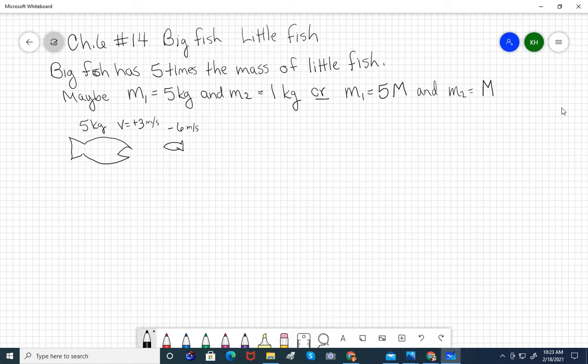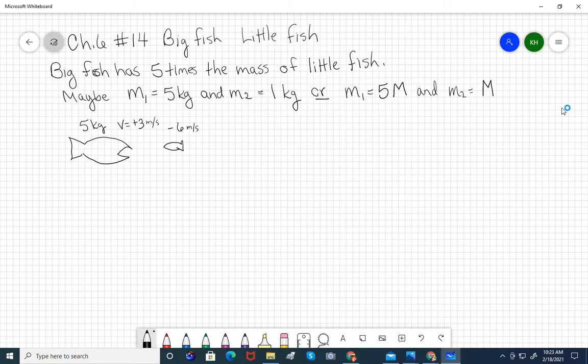Now, in my problem, it tells me that the big fish has 5 times the mass of the little fish. I can do this two ways. I can make up numbers. If the big fish has 5 times the mass of the little fish, maybe the big fish has a mass of 5 kilograms and the little fish has a mass of 1 kilogram.